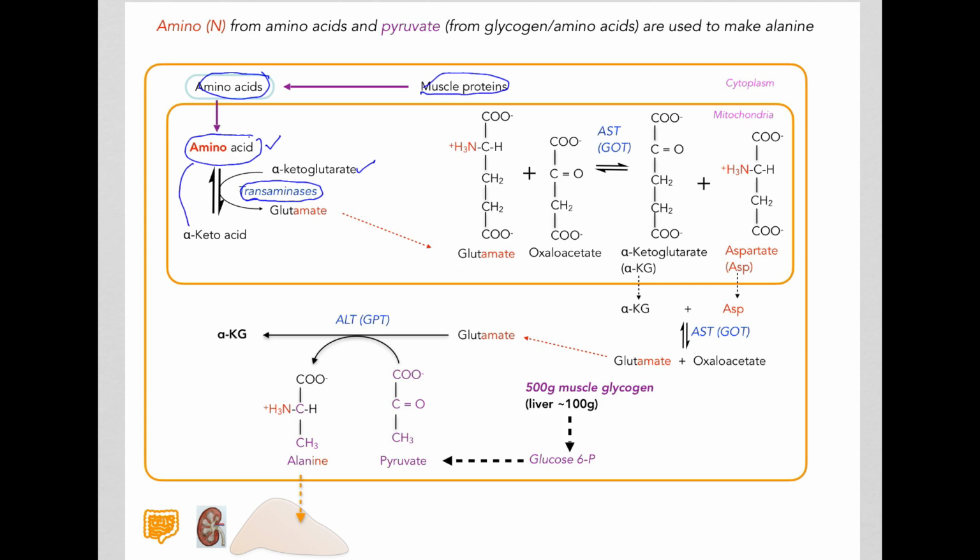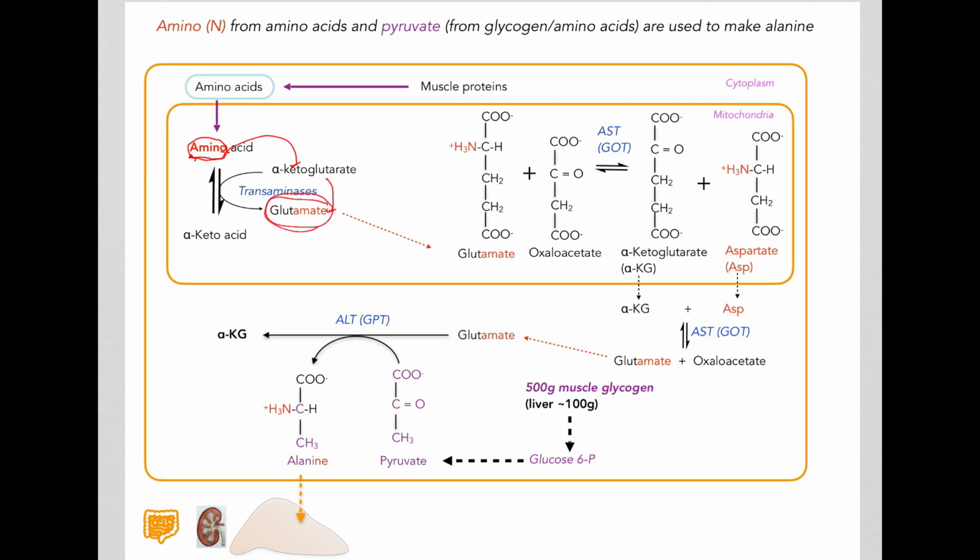The amino acid will become an alpha keto acid, while the alpha keto acid will become an amino acid. So if the alpha keto acid is alpha ketoglutarate, then the amino acid that is made would be glutamate. So basically here during this transamination reaction, the amino group from the amino acid is being transferred to the alpha ketoglutarate, and the alpha ketoglutarate becomes glutamate.